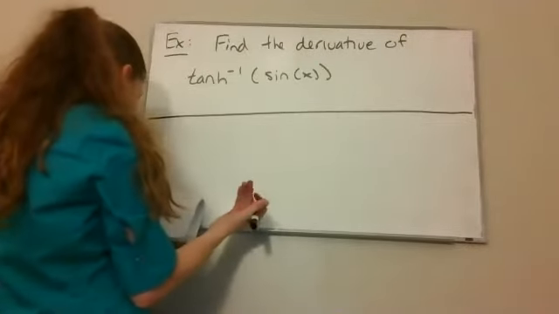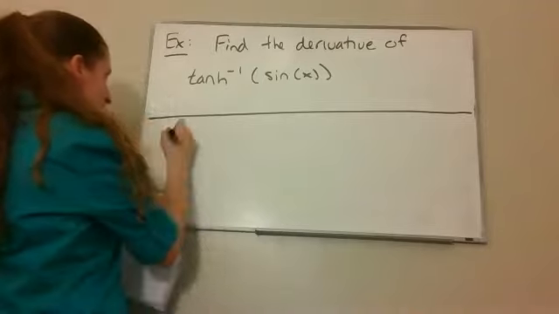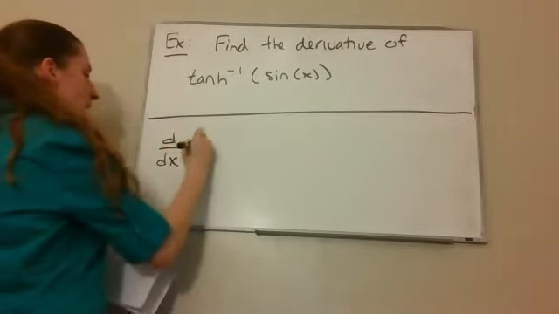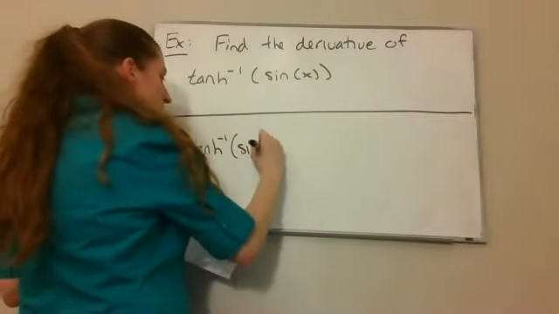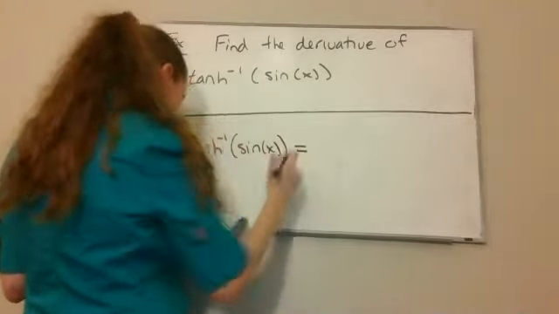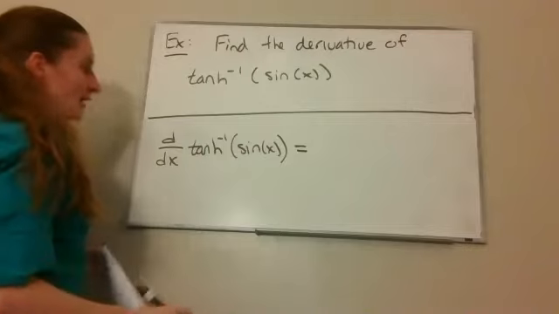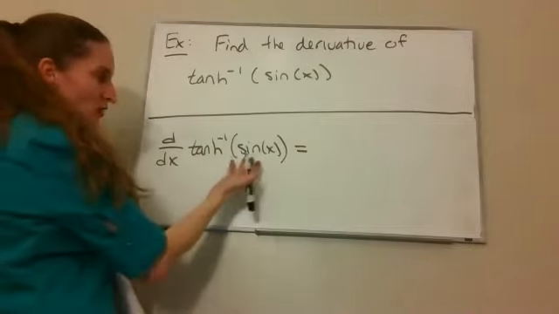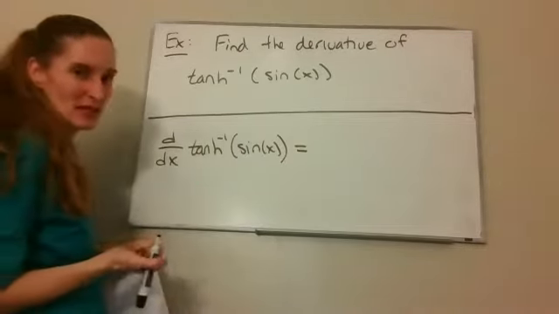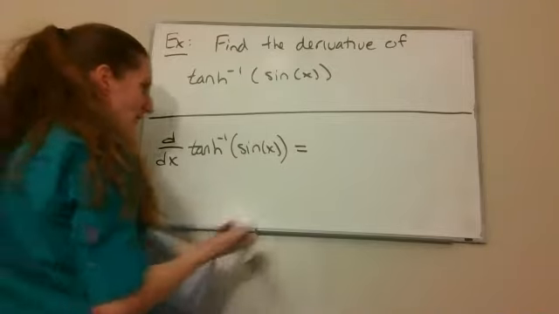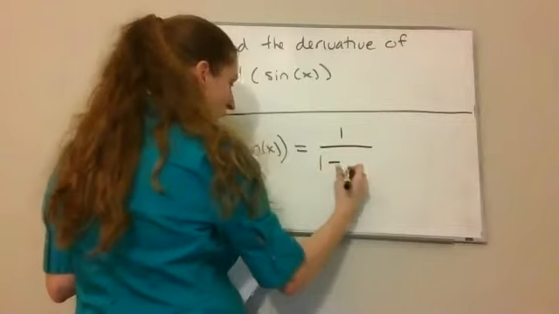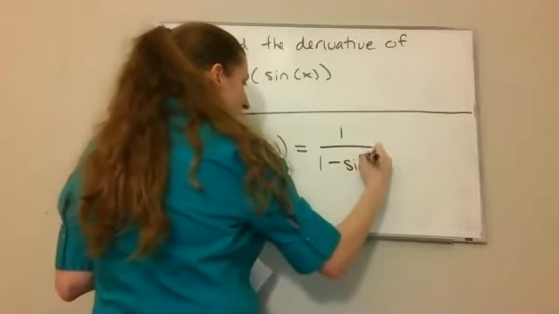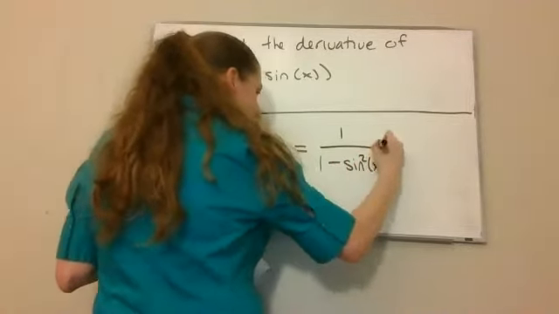Now, the derivative of hyperbolic tangent inverse we just had was 1 over 1 minus x squared. Now, I don't just have an x inside my hyperbolic tangent inverse, I have a sine x. So I can take my formula, 1 over 1 minus x squared, but replace the x with a sine.